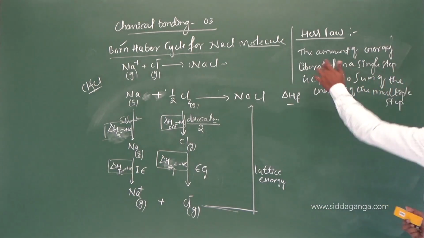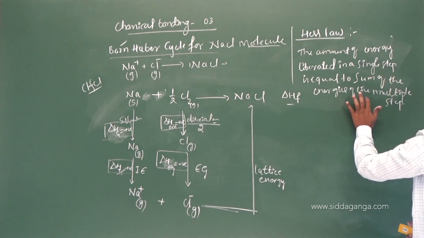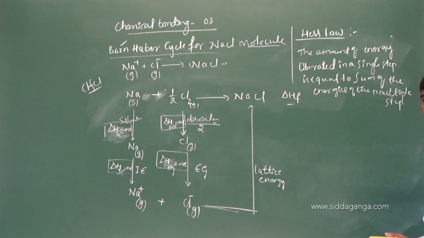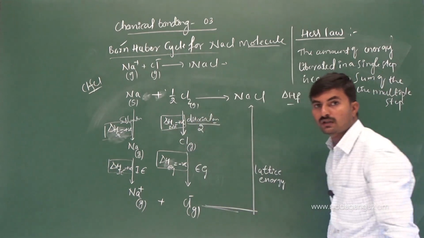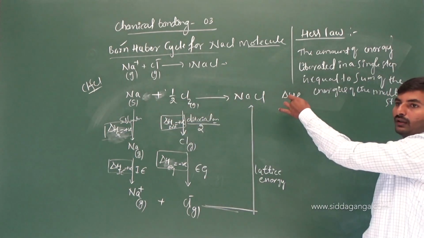The amount of energy liberated in a single step is equal to the sum of the energies of the multiple steps. Here, which is the single step? The enthalpy of formation is the single step here.